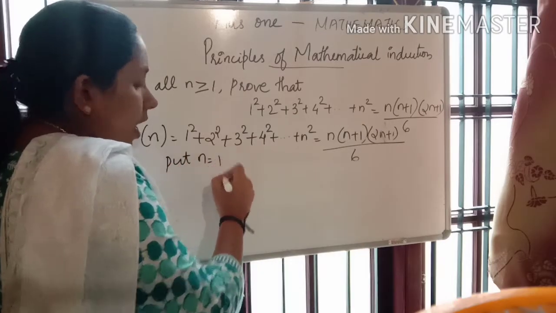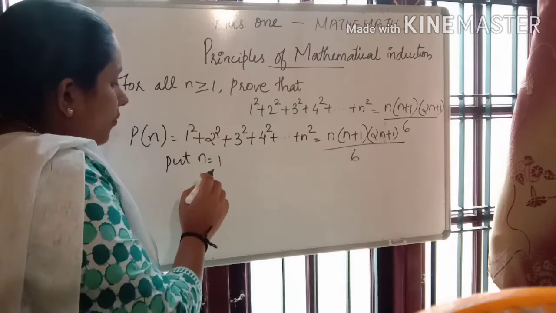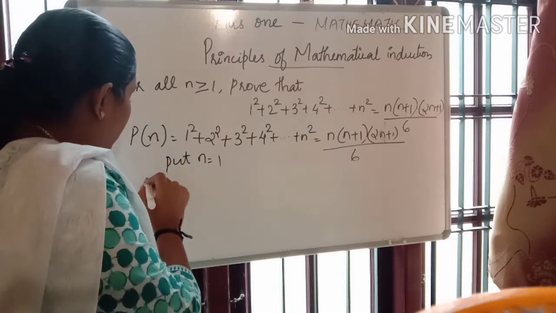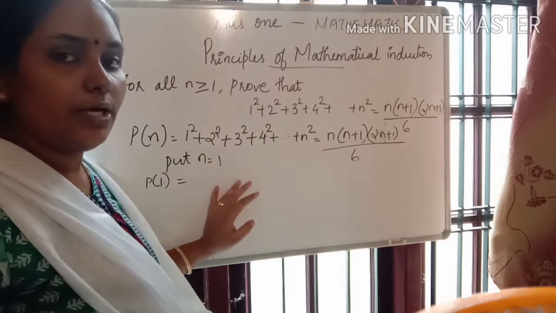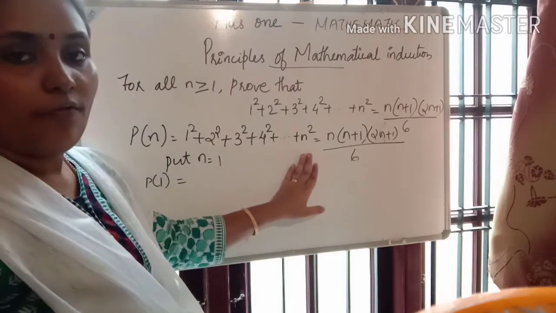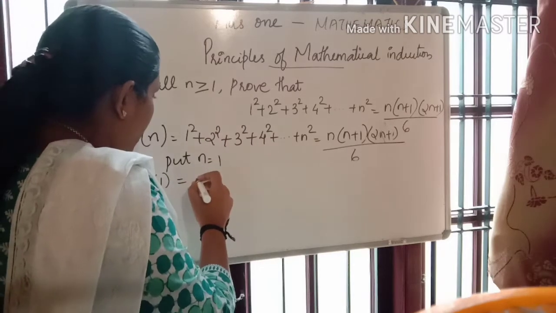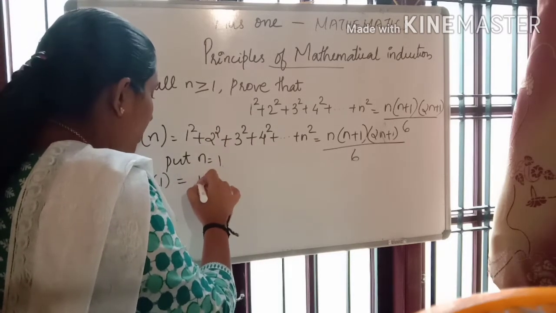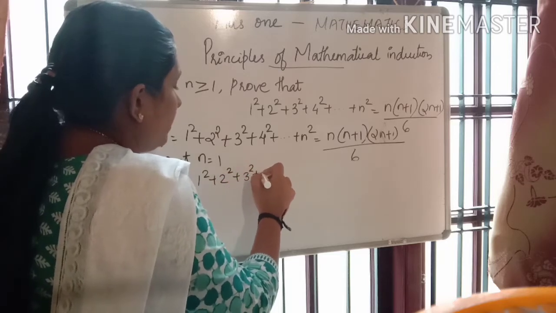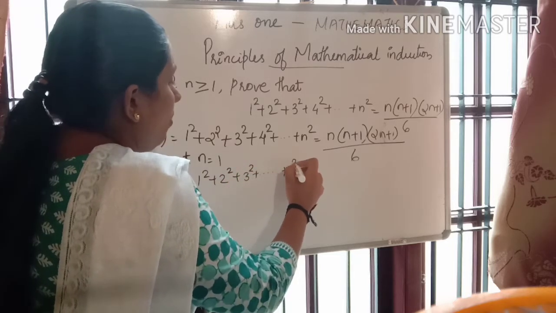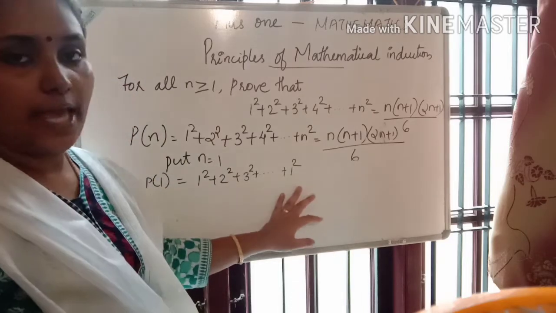n equal to 1, and here instead of n it will be 1. The next step is P of 1. Just substitute 1 in the place of n, that's all. In the LHS of the equation, 1 square plus 2 square plus 3 square and so on, this number is ending at 1 square.